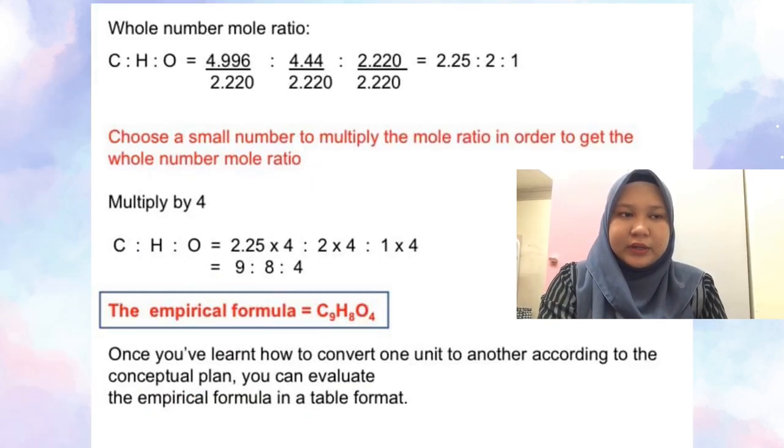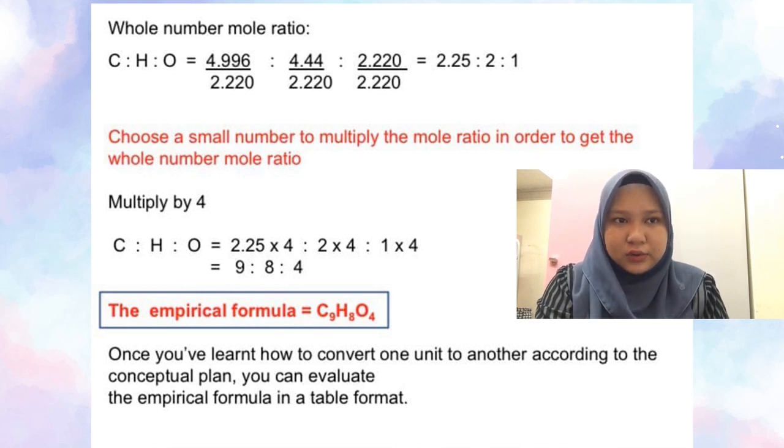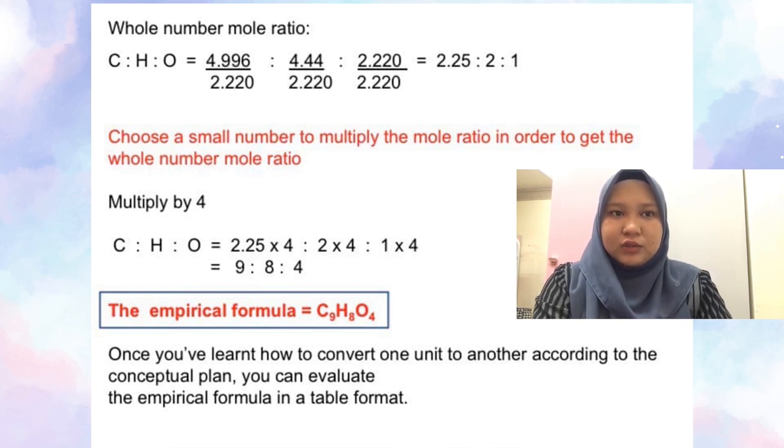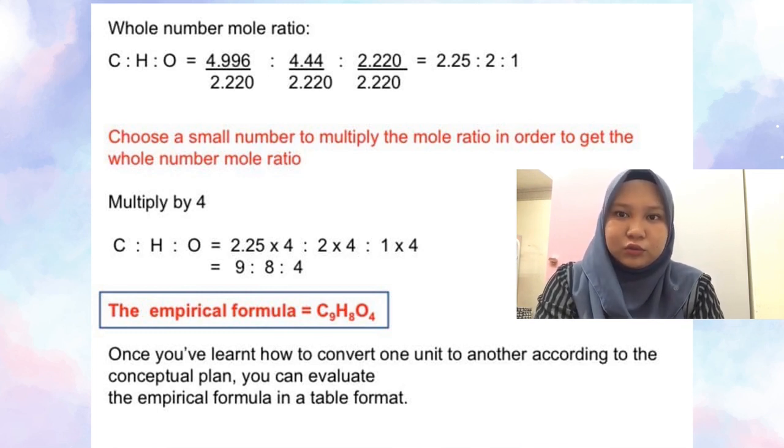Carbon, hydrogen, oxygen: 4.996 divided by 2.220, 4.44 divided by 2.220, and 2.220 divided by 2.220 equals 2.25, 2 and 1.